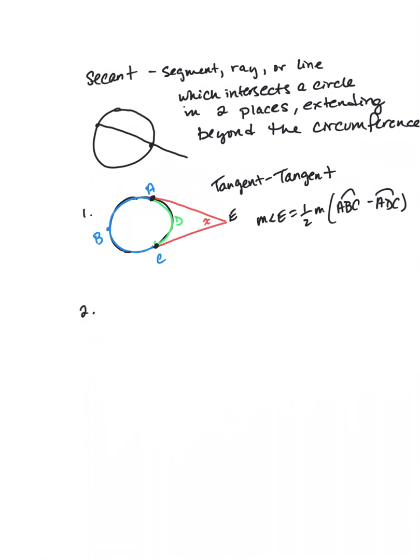Okay, let's look at an angle formed by two secants outside of a circle.